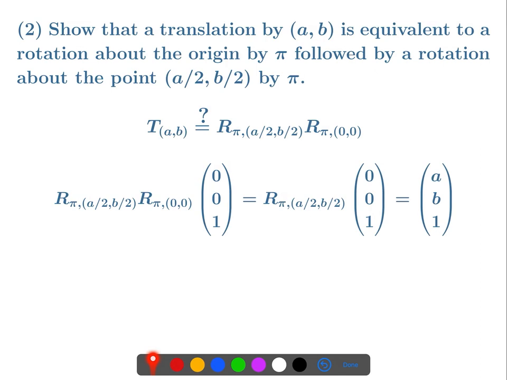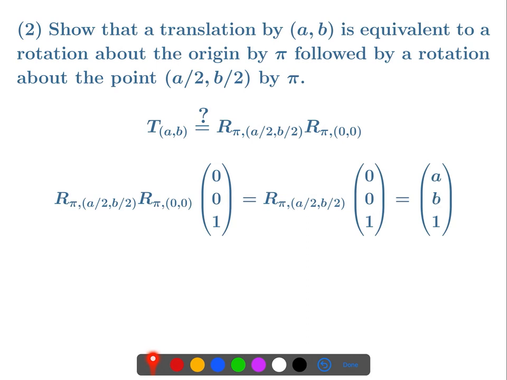One way to check that is, if you know it's a translation, just see where the origin goes. What's happening to (0, 0)? The idea in this equation is that I'm trying to explain why if I take (0, 0), I get (a, b). And once I know the origin goes to (a, b), the only way that can be a translation is if the translation is by (a, b).